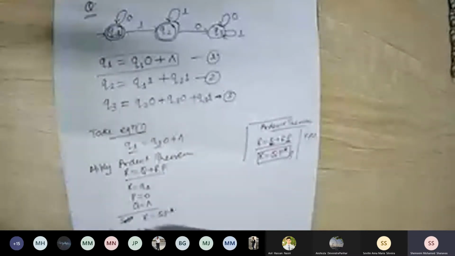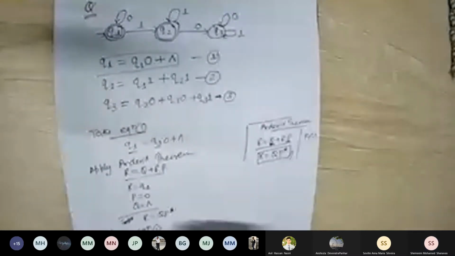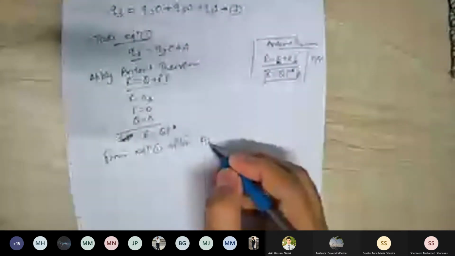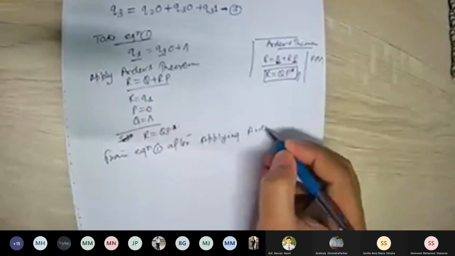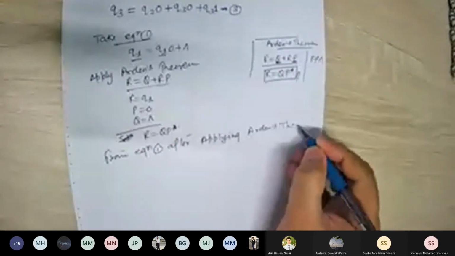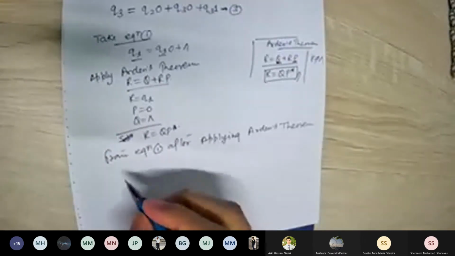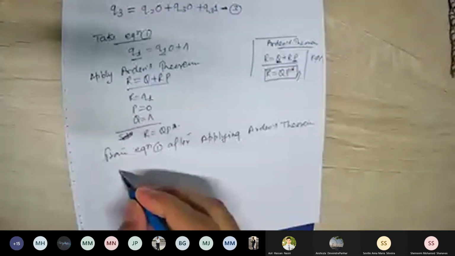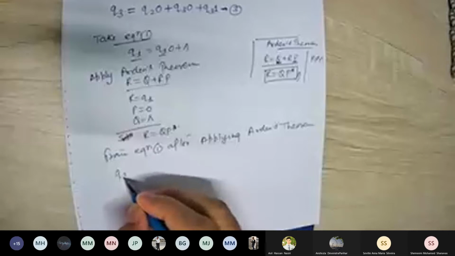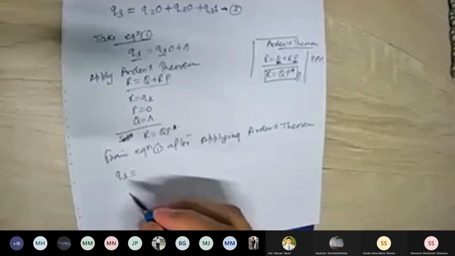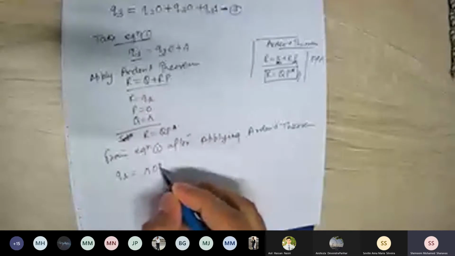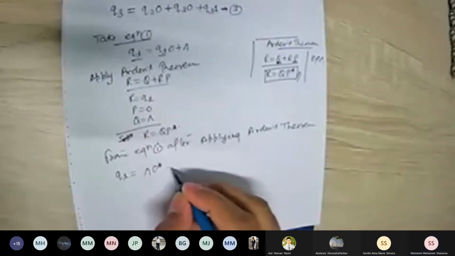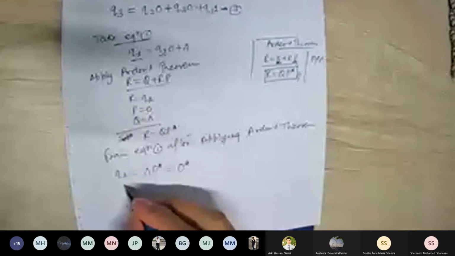So from equation 1, after applying Arden's theorem, Q1 will be equal to what? Null 0 star. Equivalent to 0 star.